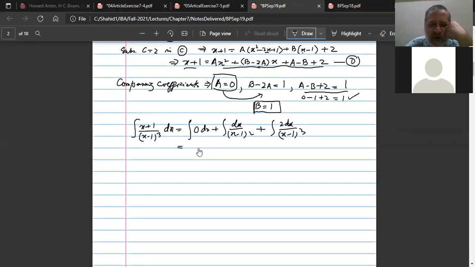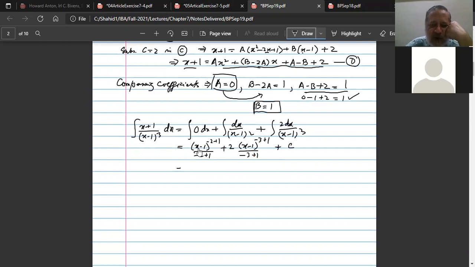So this will be absorbed in the constant. I don't write the integral of this, but this is a power integral. This is a power integral, x minus 1 raised to power minus 2 plus 1 upon minus 2 plus 1, plus this is also a power integral, x minus 1 raised to power minus 3 plus 1 divided by minus 3 plus 1, plus a constant.